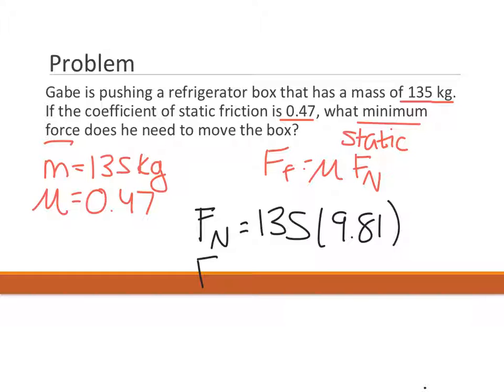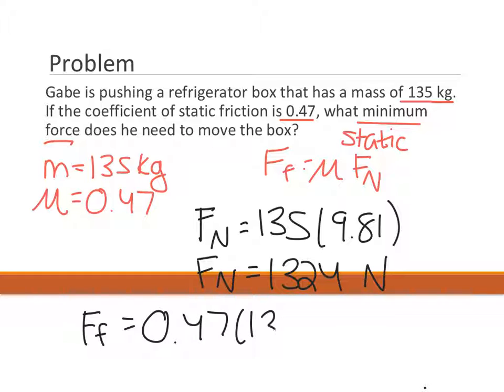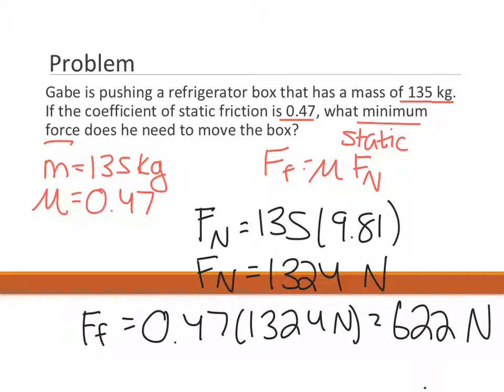So I'm going to get a force normal equal to 1,324 newtons. Now I can plug this into my equation. Force of friction equals mu times 1,324 newtons. So my force of friction to get this thing to move is going to be 622 newtons.